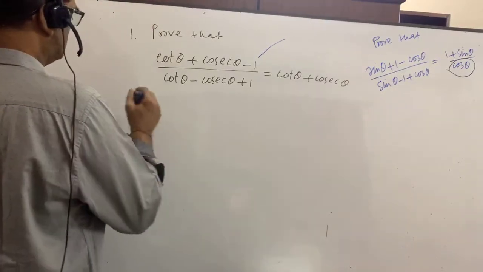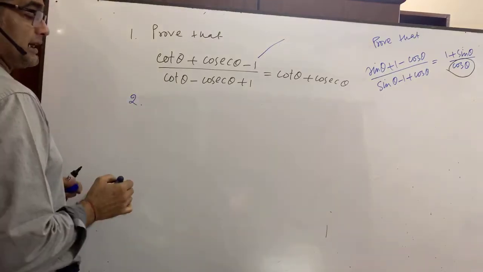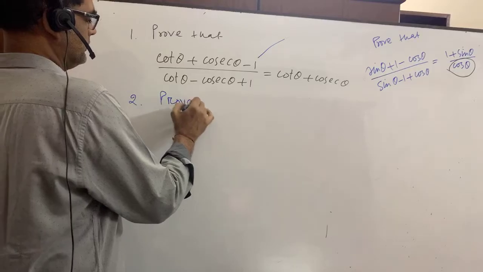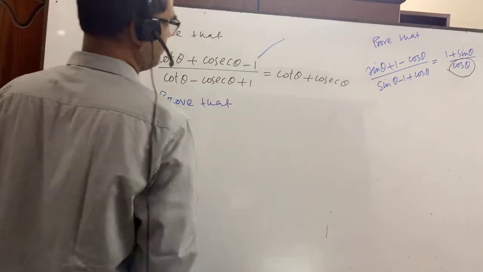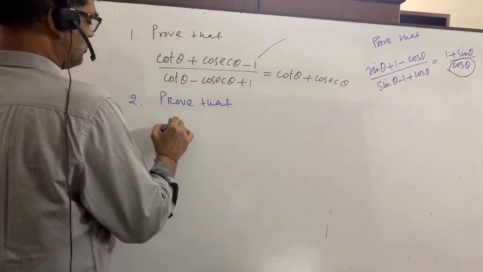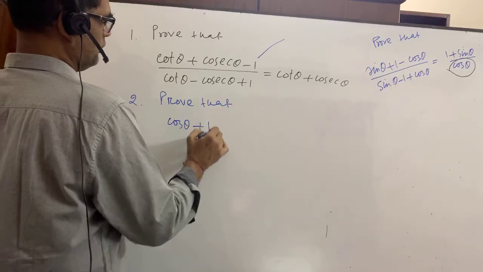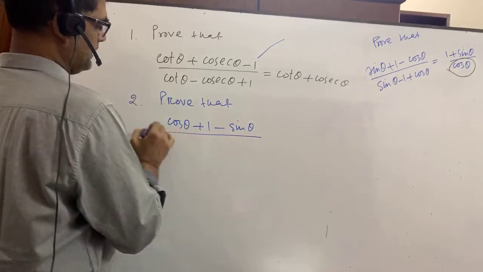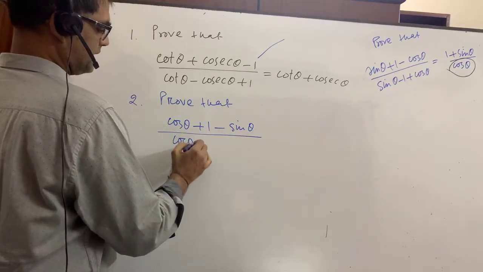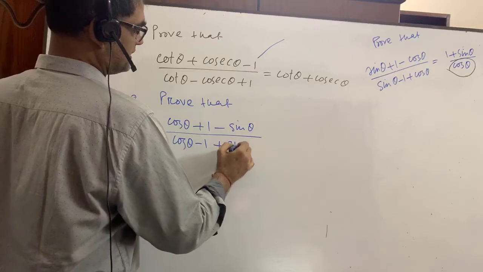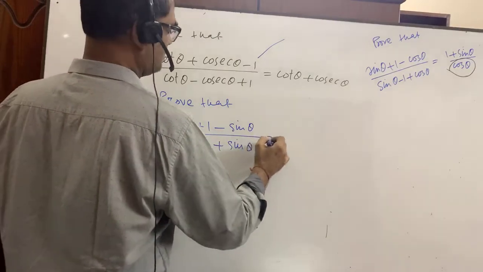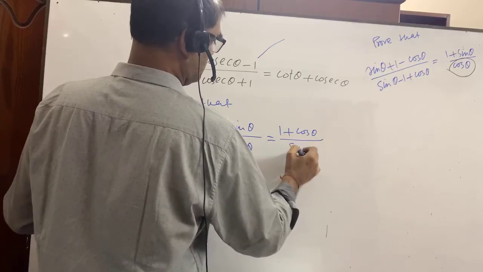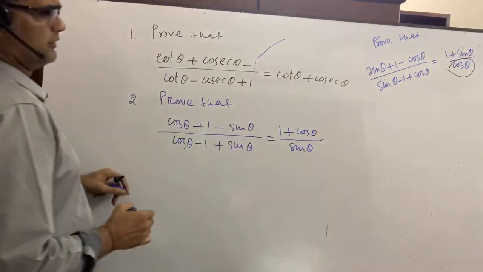Now question number 2. It is also another most important math. Prove that (cos theta plus 1 minus sin theta) by (cos theta minus 1 plus sin theta) is equal to (1 plus cos theta) by sin theta.